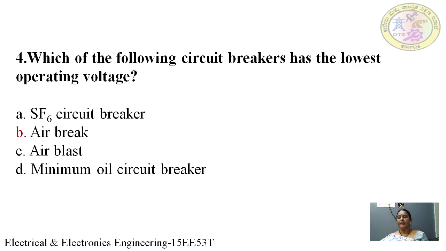Here the air brake is the one which has the lowest operating voltage. This is used in outdoor circuits. Therefore, the correct answer is the air brake circuit breaker.